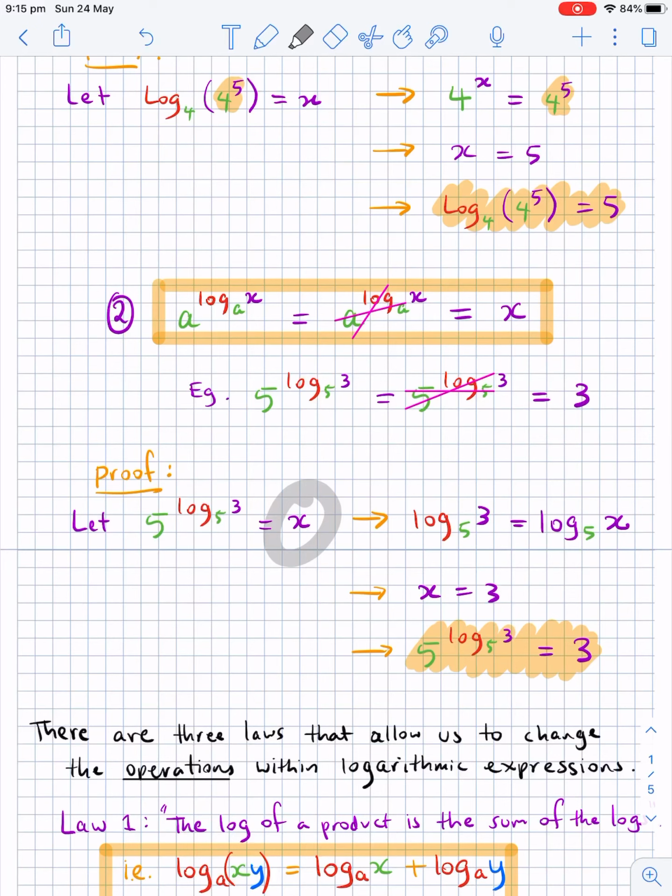You can see that we've got logs on both sides with a base of 5 each. One's got an x and one's got a 3. Because they're equal, x must be the same as 3. Because x was what we were trying to find in the first place, our original expression is equal to 3 as well. Hence the 5 is just cancelling with the log base 5 to give you that 3.